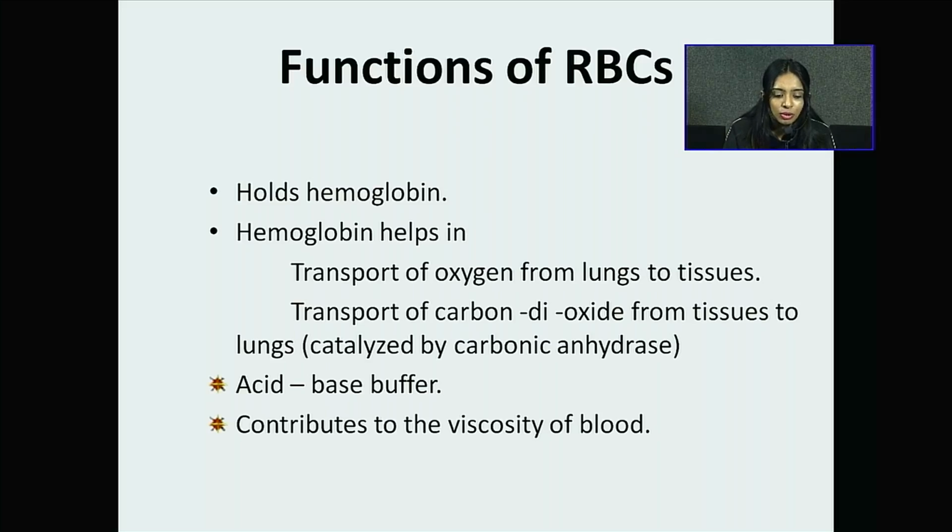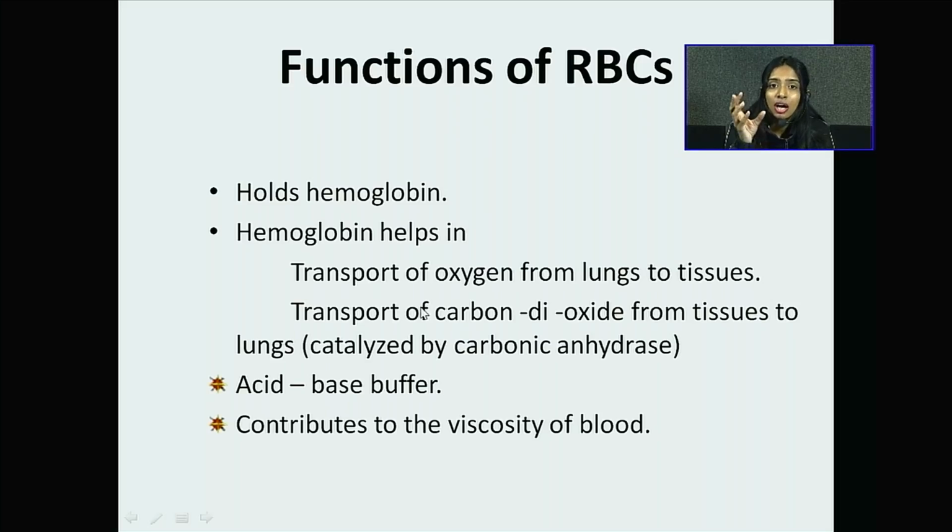Then acid base buffer. Now how do RBCs serve as an acid base buffer? When the partial pressure of carbon dioxide increases in the body more than normal, carbon dioxide diffuses very easily into the RBCs, and when it diffuses into the RBC, it reacts with water and becomes carbonic acid.